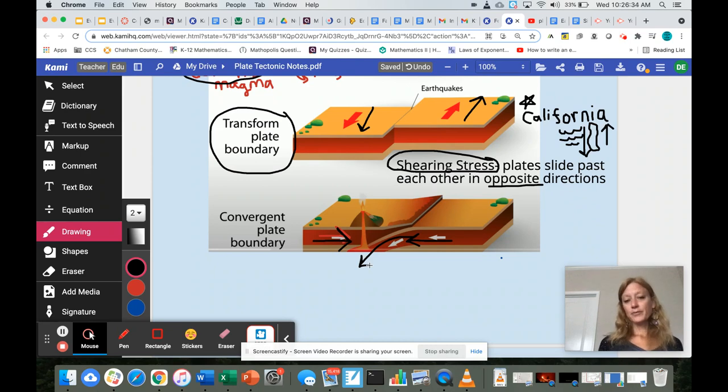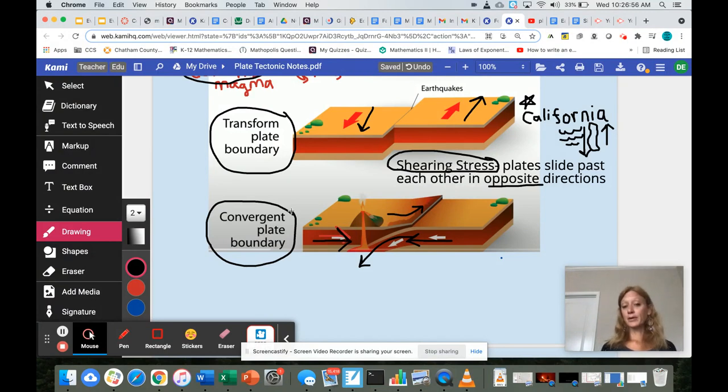So this type of plate boundary you're going to see is a little elevated, right? And in some of your pictures, some of you said, hey, the land is high and the land is lower on the fault line, right? On opposite sides of the fault line. This is very true for this type of plate boundary, which is called the convergent plate boundary.